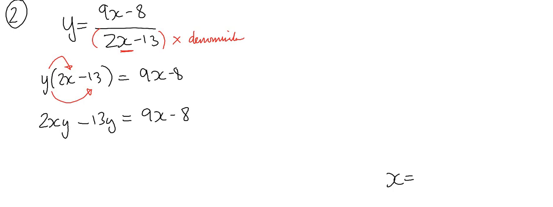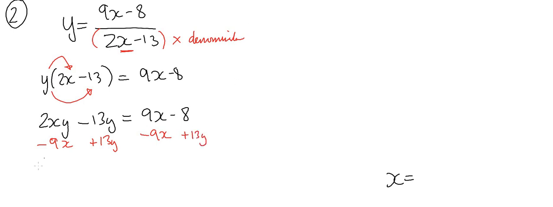Now again, I've got x's on both sides. So I'm going to subtract 9x from this side, and I'm going to subtract 9x from that side. I don't want this y over here because I only want x's. So I'm going to add 13y here, and I'm going to add 13y there.